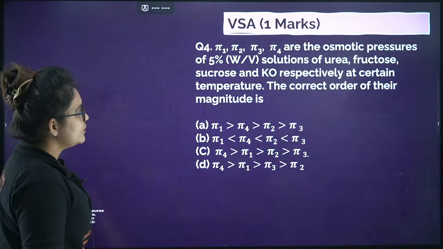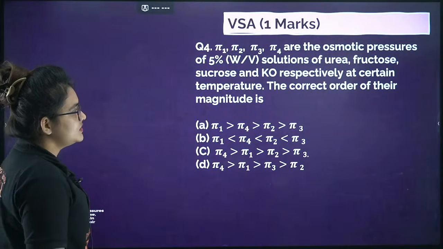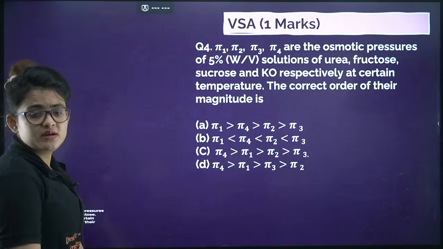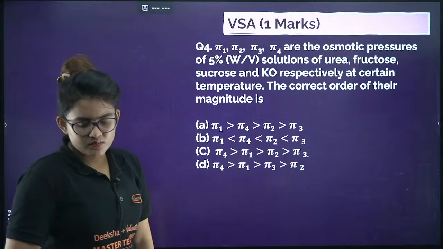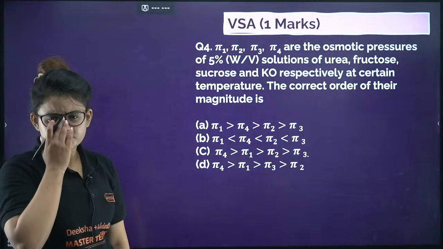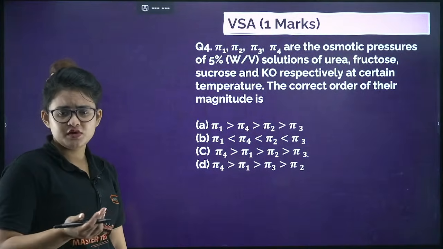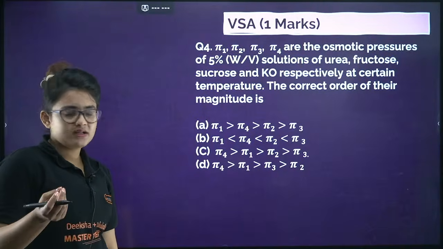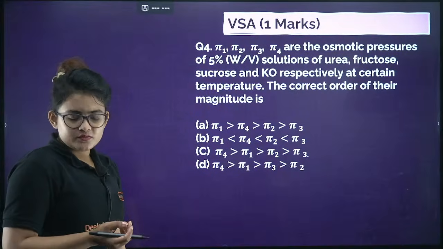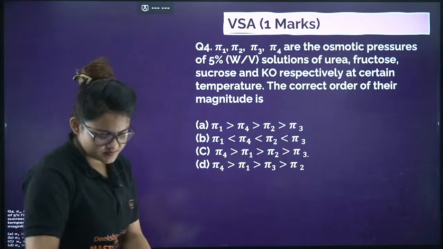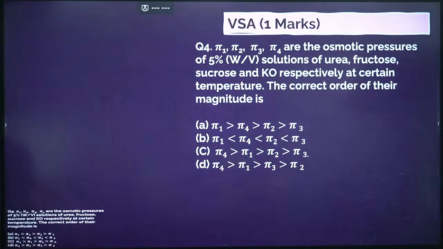It's all about the concentration. Since it is weight by volume, you have to check which case has the maximum molecular weight. Urea has a molecular weight of 60, and fructose has a molecular weight of 180.